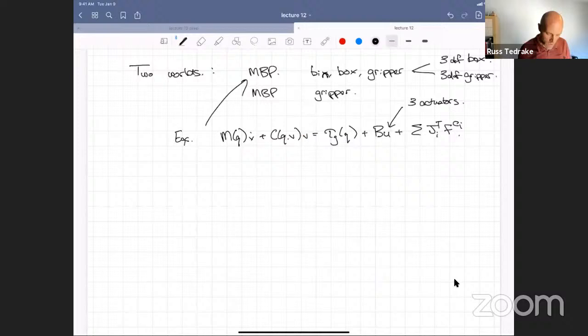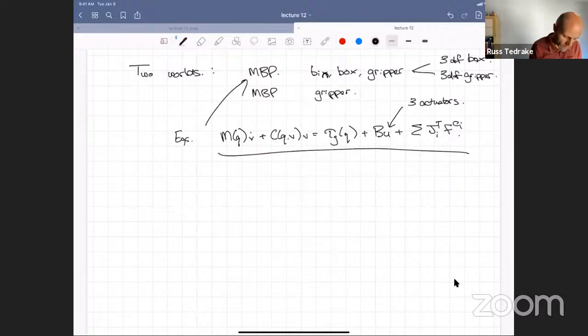Now, if you think about what the world's equations look like, we can zoom in a little bit more. They're factored in an important way. There's what we'll call the box degrees of freedom, and then the gripper degrees of freedom.